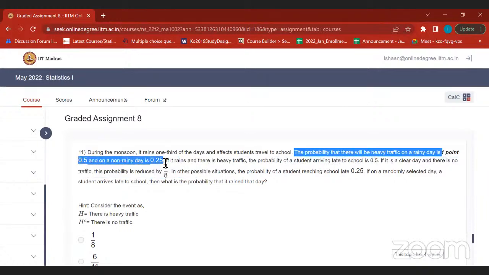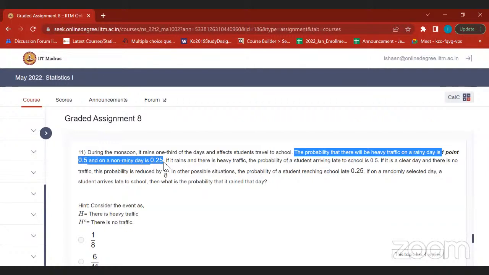So on a rainy day, there are 2 probabilities: 0.5 of heavy traffic and 0.5 of no traffic. And on a clear, non-rainy day, there are also 2 probabilities: 0.25 of heavy traffic and 0.75 of no traffic.